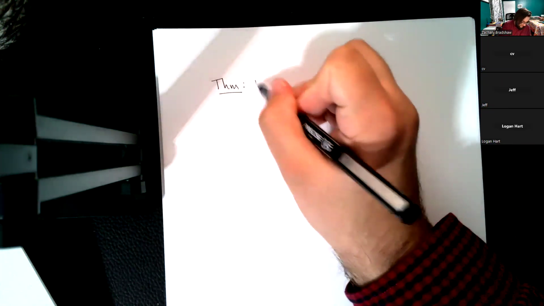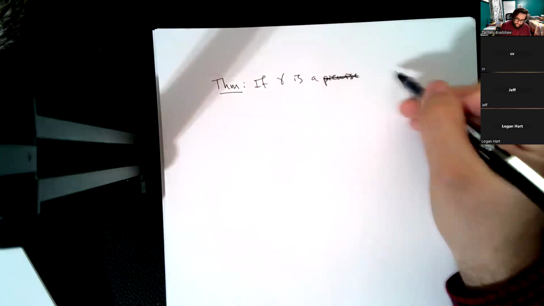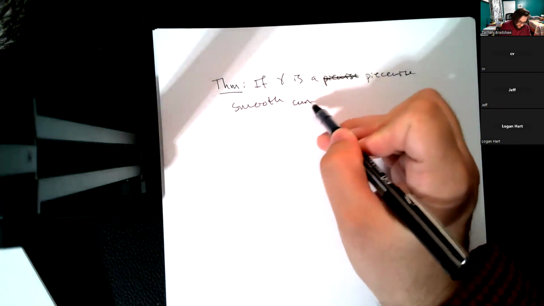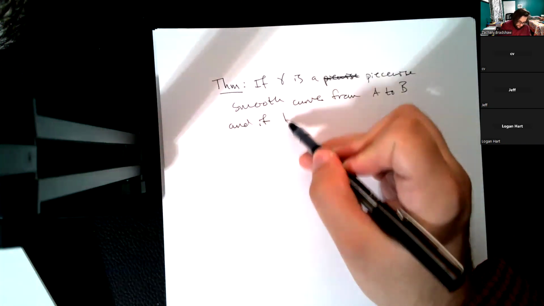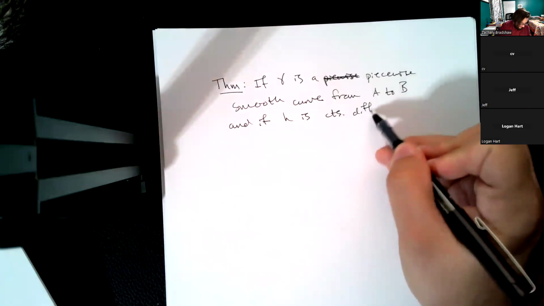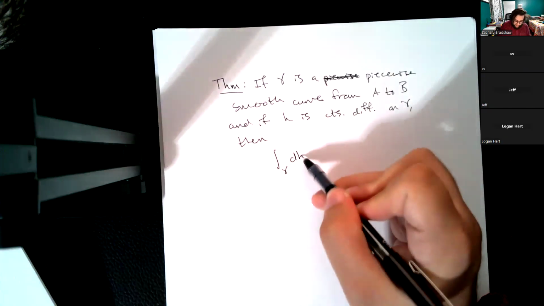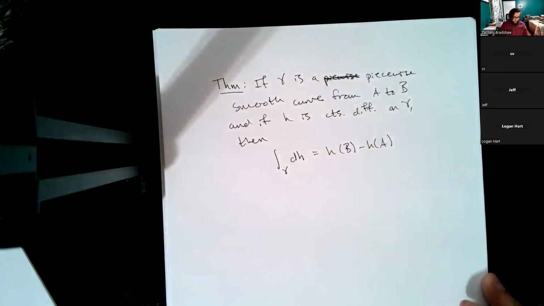So let me tell you another theorem. If gamma is a piecewise smooth curve from A to B, and if h is continuously differentiable on gamma, then the integral over gamma of the differential dh is just h of B minus h of A. And so this is sort of like the fundamental theorem of calculus, but for line integrals.